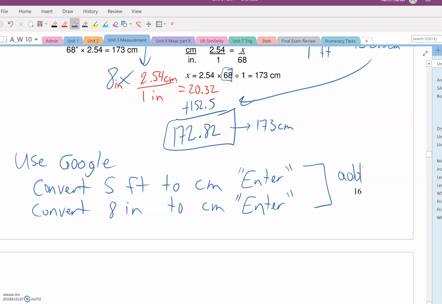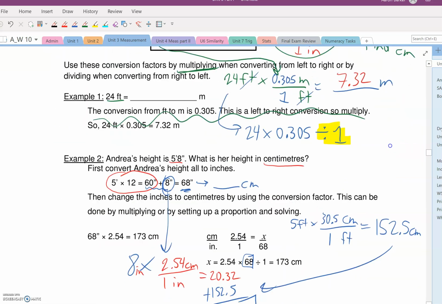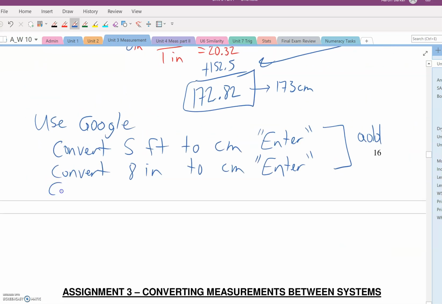If I want to do the top one, which was the top example, 24 feet to meters, you would simply type in convert 24 feet to meters, and then you would press, you guessed it, enter, and you're going to get the answer.